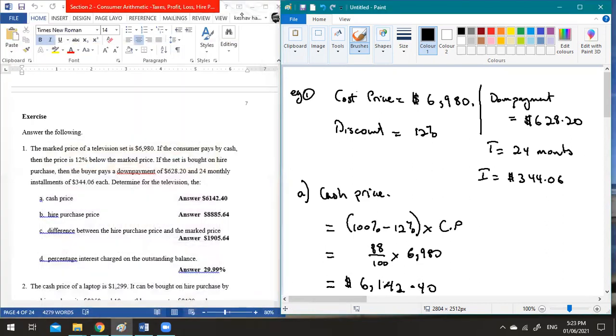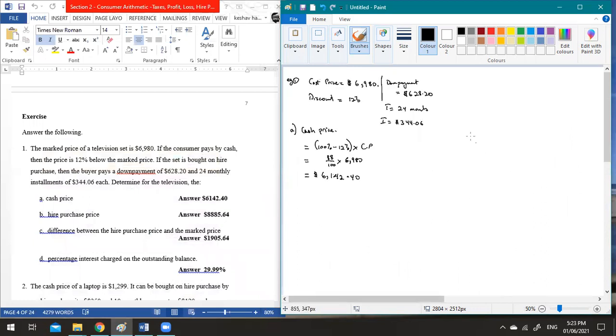Now, the hire purchase price, again, is the down payment add the installments multiplied by the time, right? So the down payment in this case is $628.20. The installments is $344.06, and the time is 24 months.